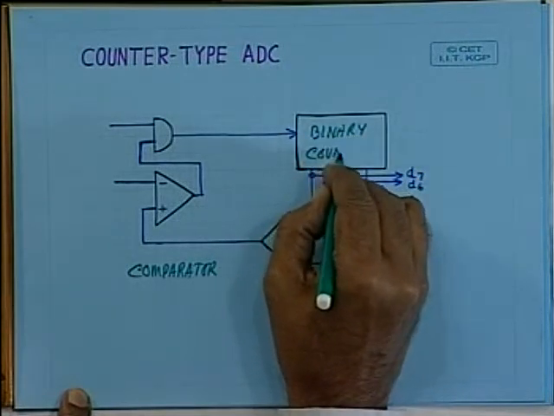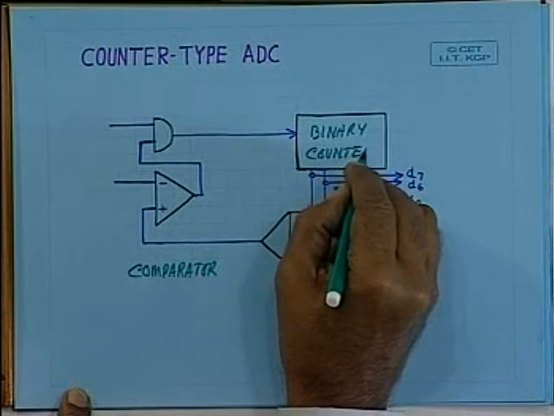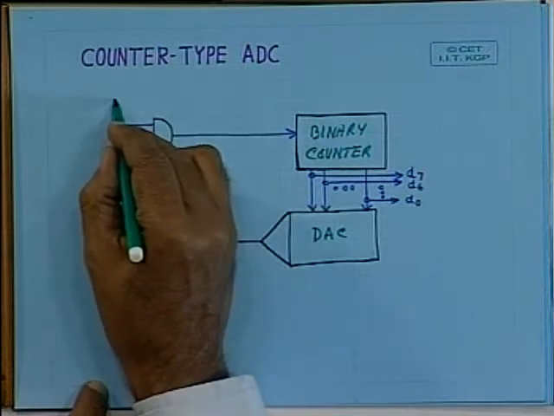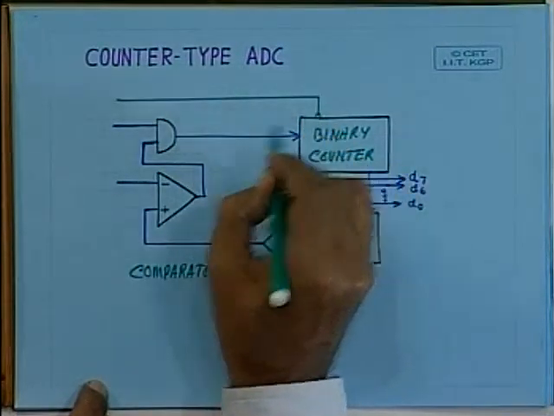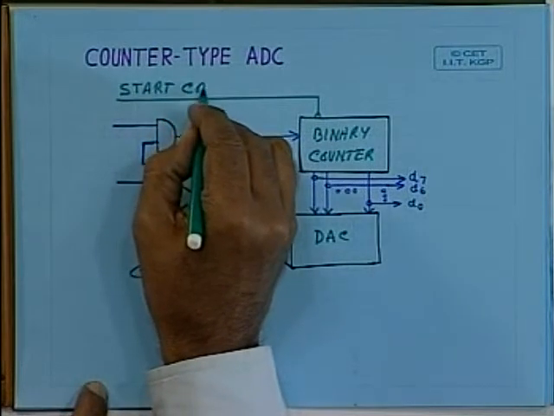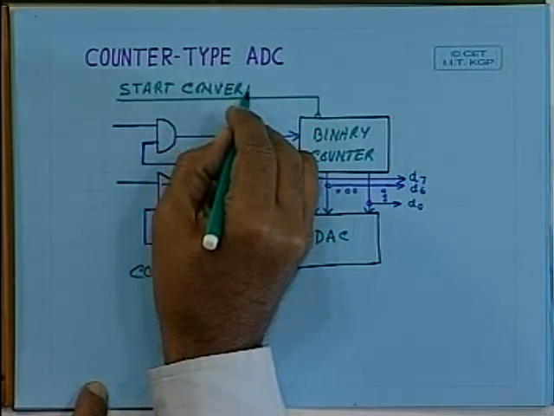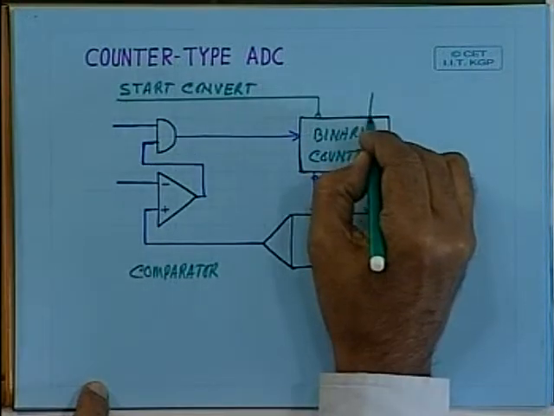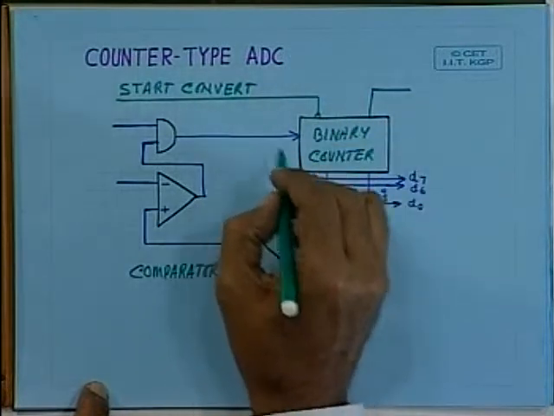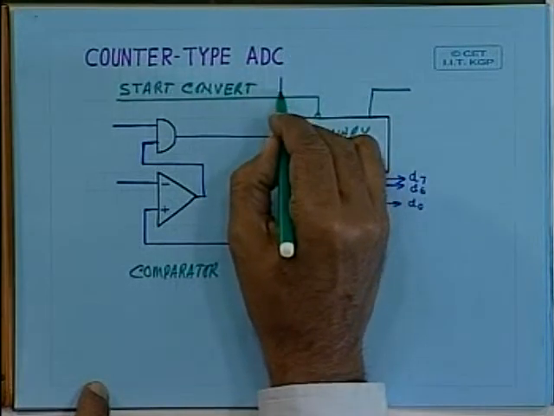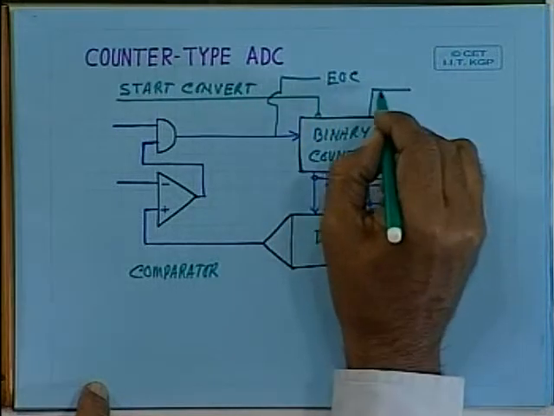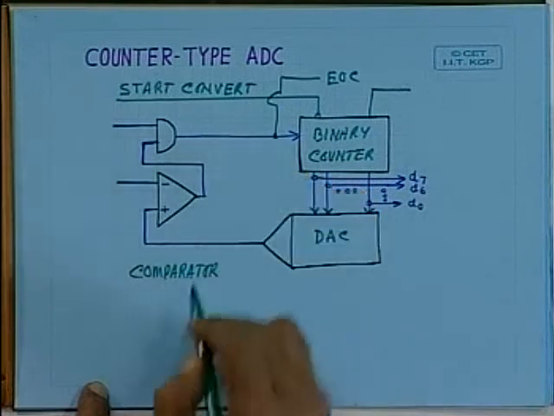You can start conversion by resetting this binary counter, so this is essentially start conversion. The end of conversion will come not from the counter but from this point.